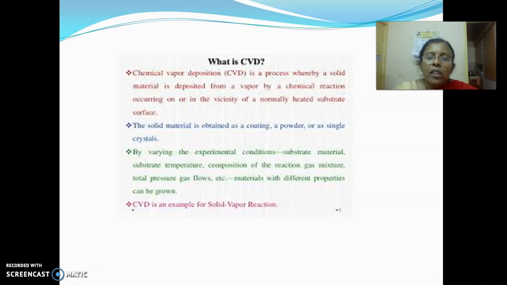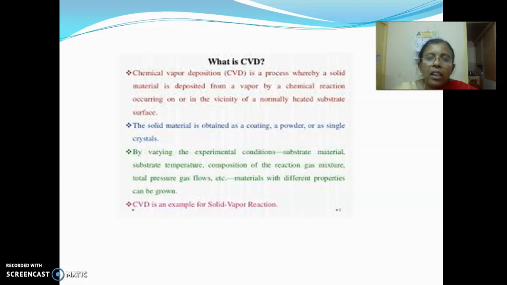The CVD is a process whereby a solid material is deposited from a vapor by a chemical reaction occurring in the vicinity of a normally heated substrate surface. The solid material is obtained as a coating, as a powder or as a single crystal. By varying the experimental conditions, substrate material, substrate temperature, composition of the reaction gas mixture, total pressure, gas flows, etc., materials with different properties can be grown.